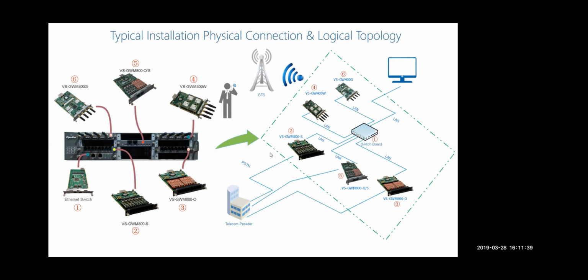Because every module has its own IP address and system, different types of gateway module can be inserted into one chassis. At this time, the switchboard works as a network switch, and the users can access each module's IP address and make simple and convenient configuration via web UI.